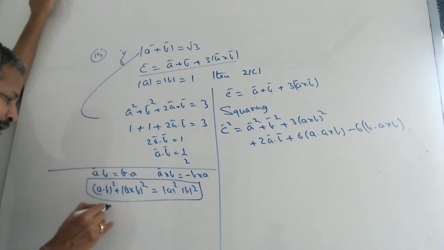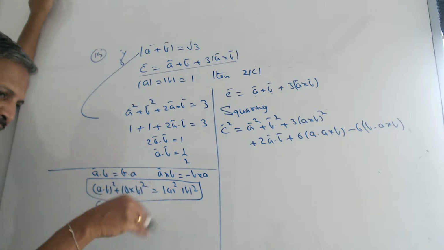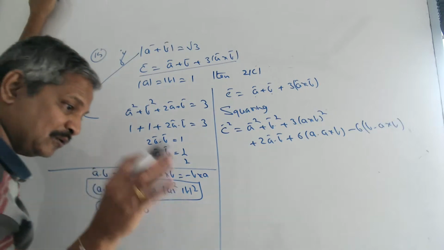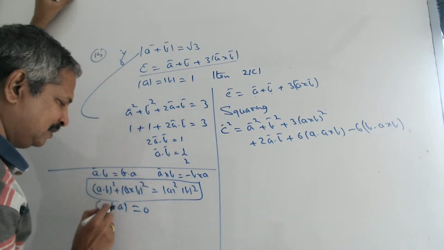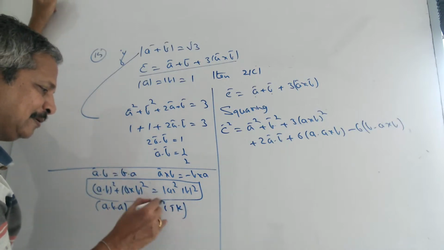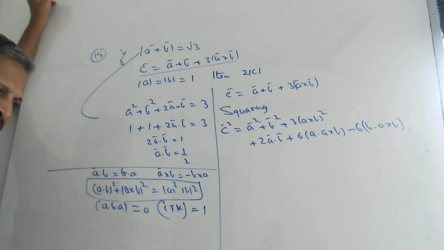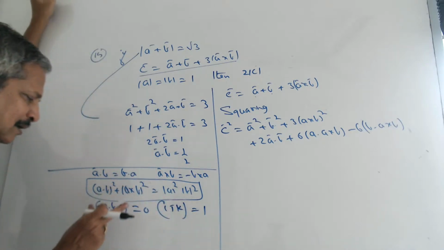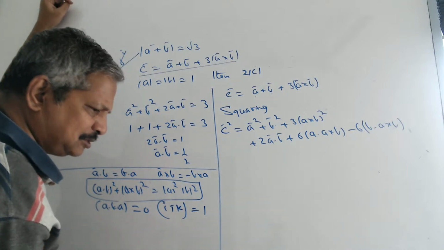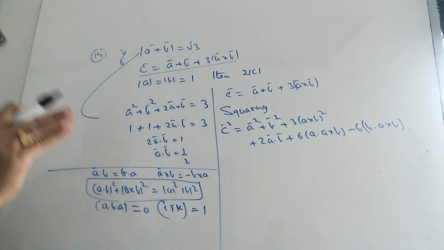Next point, A dot B cross C, I can rotate it, but if any two terms are equal, the triple product is always 0. Whereas the i j k triple product is always 1. Any triple product with two equal terms is 0, because two rows are equal in the determinant. So that also you have to remember.